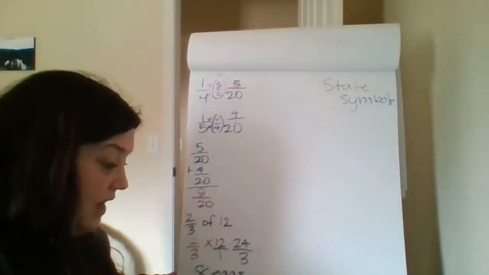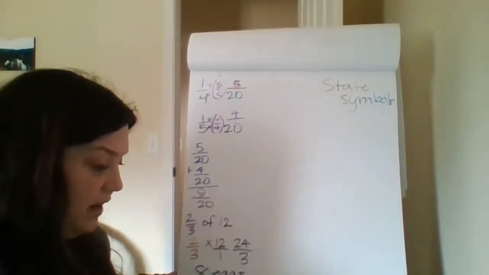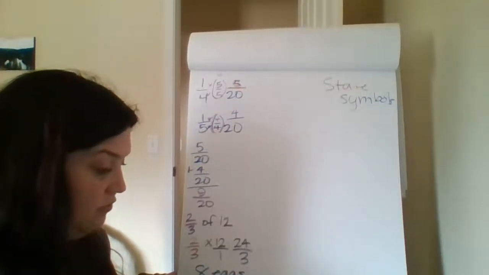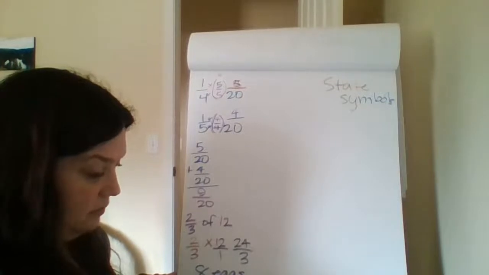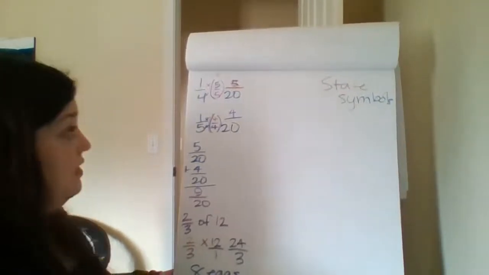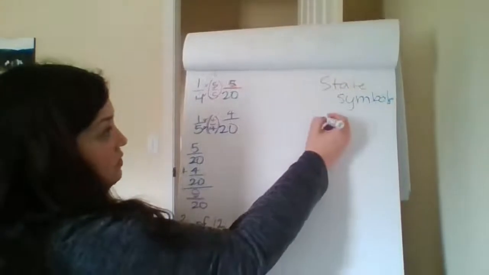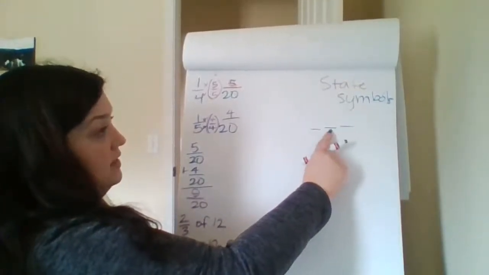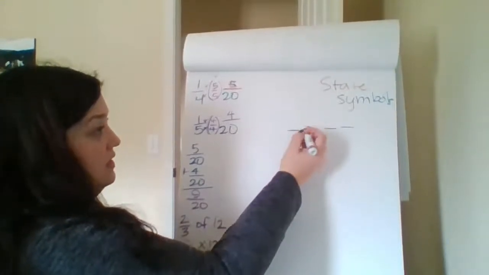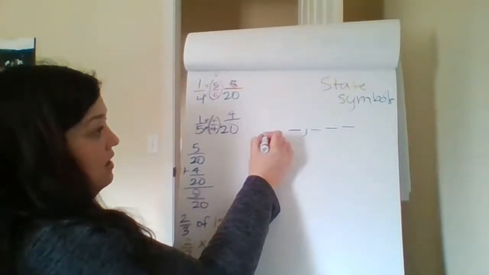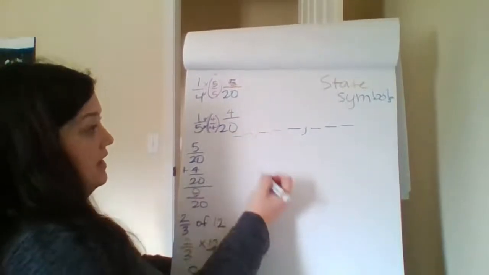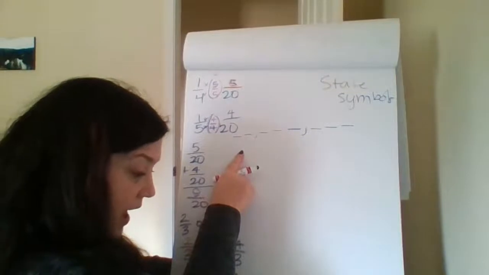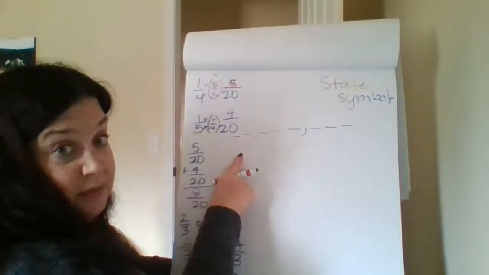Number 5 says use digits to write the number 93,814,200. Okay, so if we're going to have 93 million, that means we're going to have, so here's our ones, tens, hundreds, thousands, 10,000s, 100,000s, millions, and 10 millions. Okay, so in the millions column, we have 93 million.